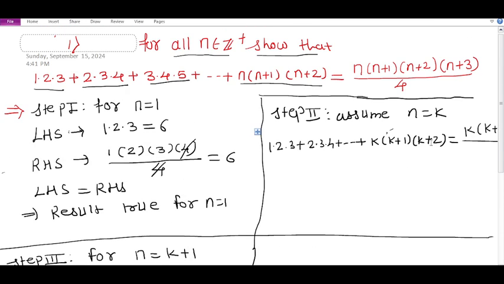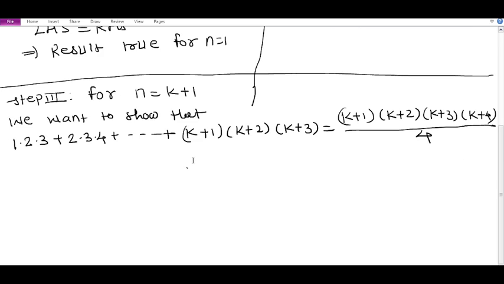So in this equation we put n equal to k plus 1. So this is k plus 1, k plus 2, k plus 3 on the left, and k plus 1, k plus 2, k plus 3, k plus 4 divided by 4 on the right.